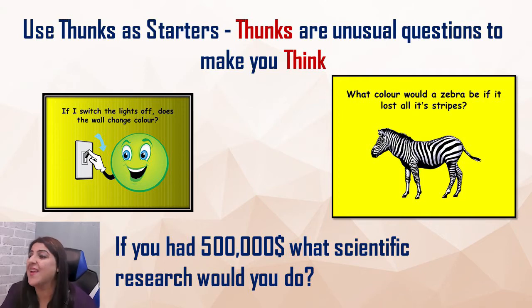Thinking. If you had $500,000 and you had to do a scientific research, what would you do? How would you do it? Thinking. A lot of thinking. So, thunks will help you come up with a different set of questions which are unusual, weird, and sometimes they will not have a right or wrong answer.